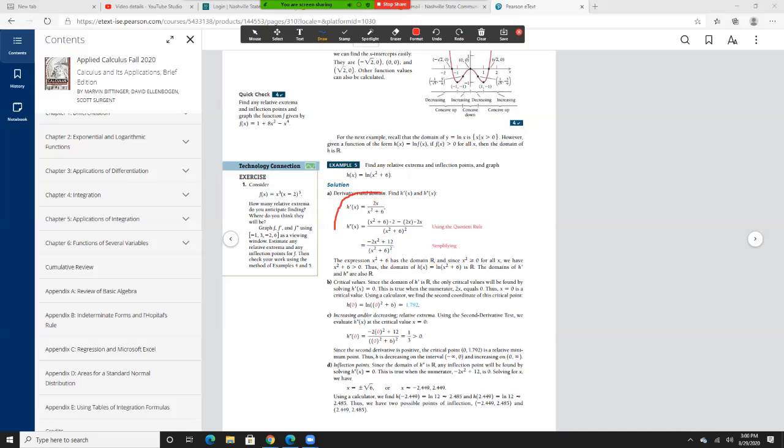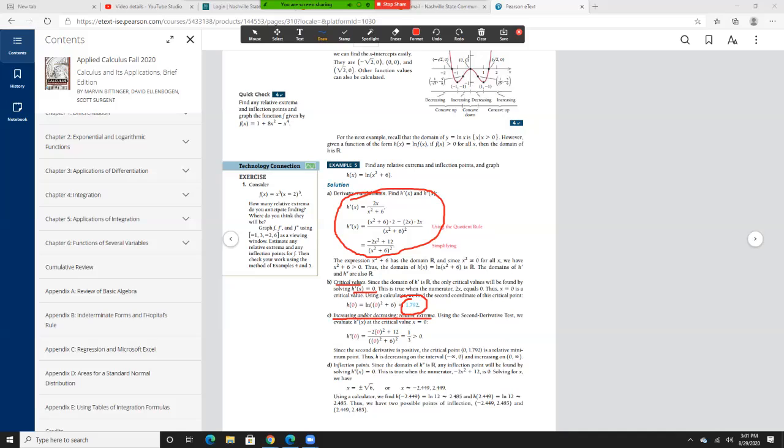So you take the first and second derivatives, and then you're going to set each of those equal to 0. I'm sorry, you're going to take the first derivative and set it equal to 0. Once you do that, you solve, and you will figure out, in this case, your critical point. And you will plug that critical point back in, and you will determine if it's increasing or decreasing.